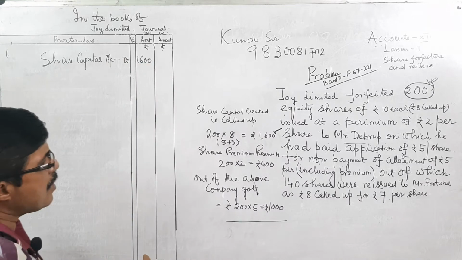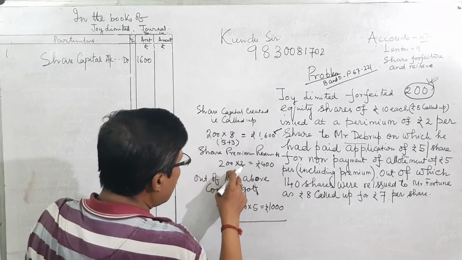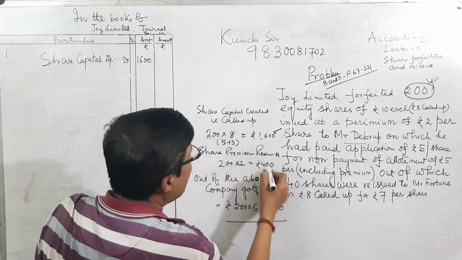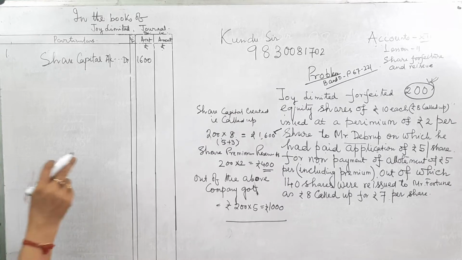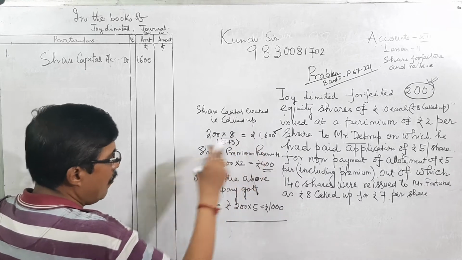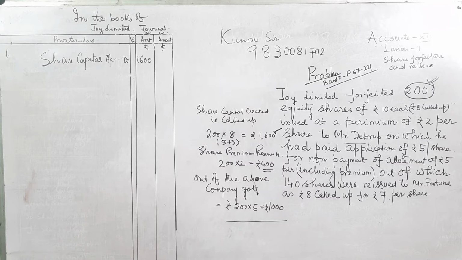But share premium at the time of allotment, that is 400. But the company has not gained any single paisa in the account of share premium. If any share premium amount is received by the company, it should not be disturbed.